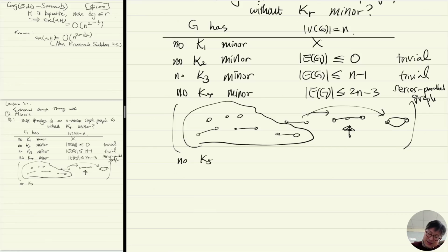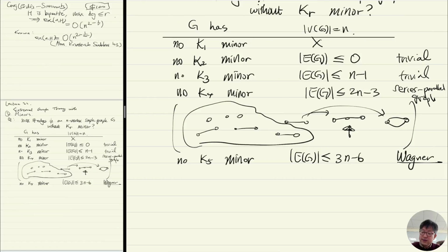From now on, it's slightly harder, but still manageable. So no K5 minor. It was due to Wagner, who characterized graphs without K5 minor. It contains all planar graphs and a little bit more. And from there, one can prove the number of edges is at most 3n minus 6.